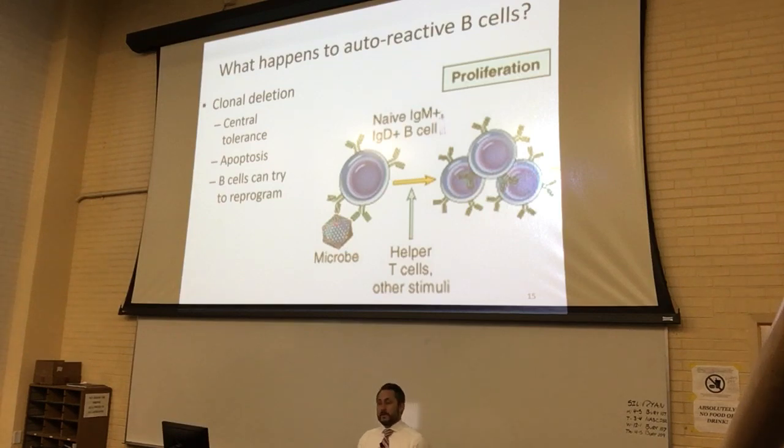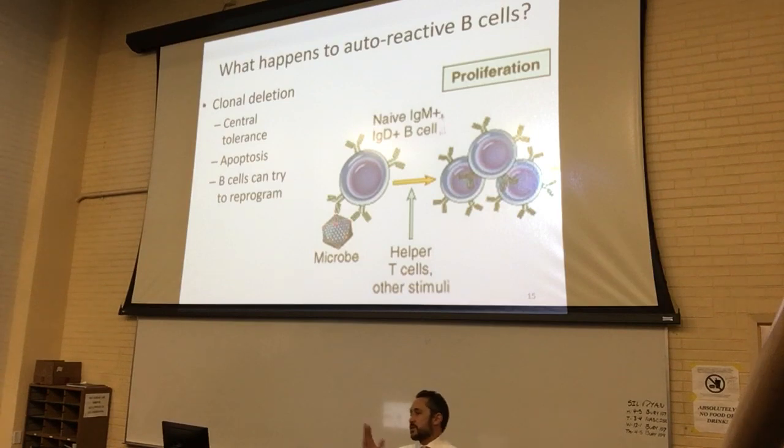Same deal: if they're autoreactive, you signal them for apoptosis. There is a reprogramming that is attempted in the bone marrow, because they're in a younger state. Remember, pro-T cells come from the bone marrow and go to the thymus, and that's where they become immunocompetent. So B cells are going through central tolerance in the bone marrow, so they're even earlier in their development, and so there's the opportunity to try to reprogram them.